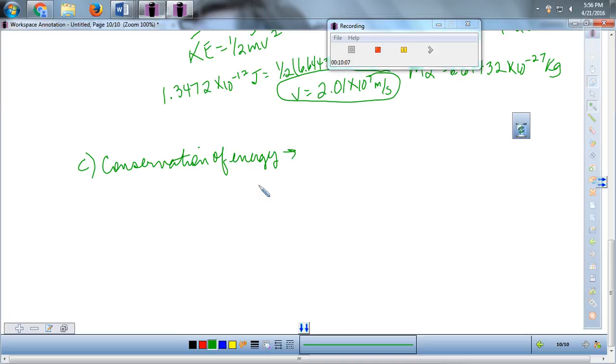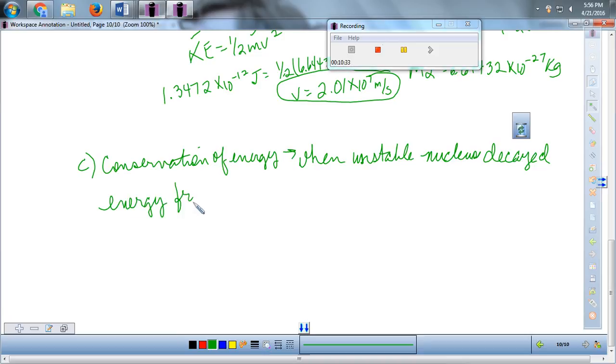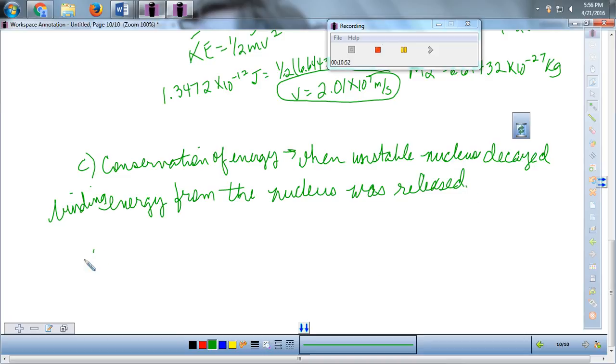I said that when the unstable nucleus decayed, fell apart, whatever you want to say, energy from, let's call it binding energy, from the nucleus was released. And that was the kinetic energy that they were talking about.